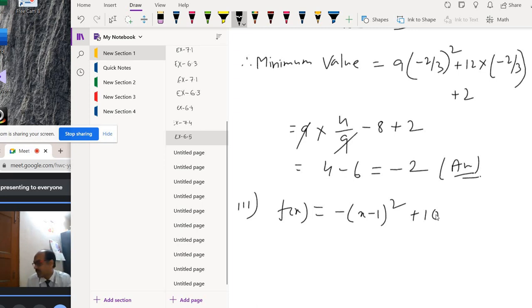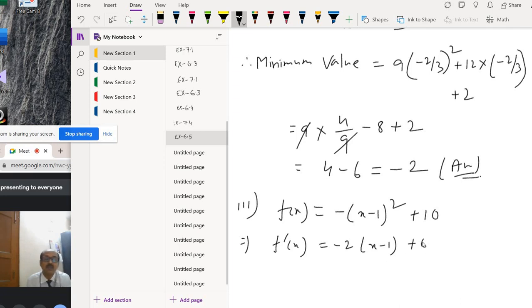Find the derivative, first order first. So f dash x equal to minus 2 into (x minus 1), and x minus 1 derivative is 1, plus 10 derivative is 0, so this equals minus 2 into (x minus 1).